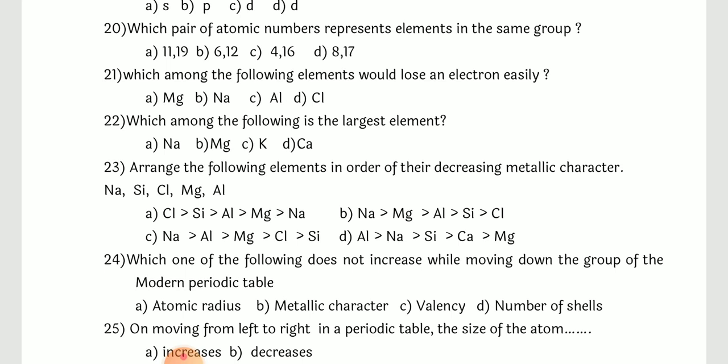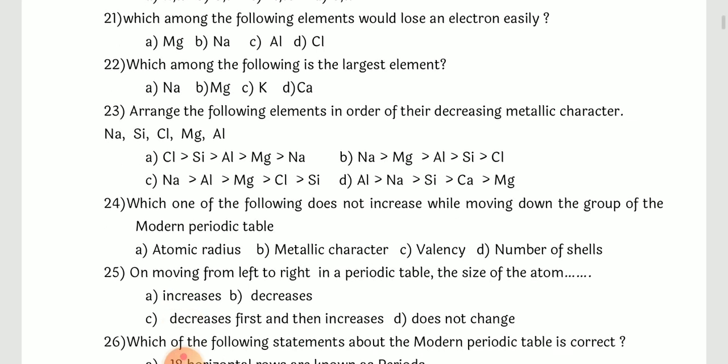Silicon is a metalloid, it belongs to the 14th group. Magnesium, the second group. Aluminum, the 13th group. So according to that, sodium has more metallic character, then magnesium, then aluminum and silicon, and then chlorine. So your option is B.